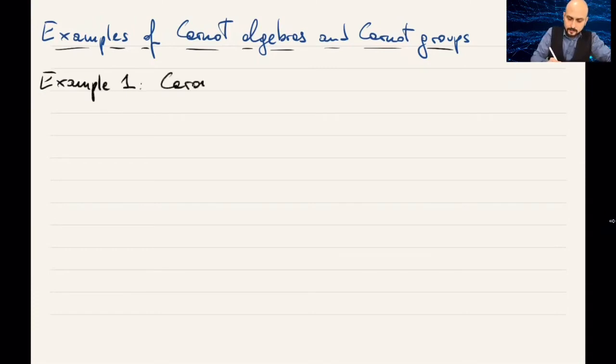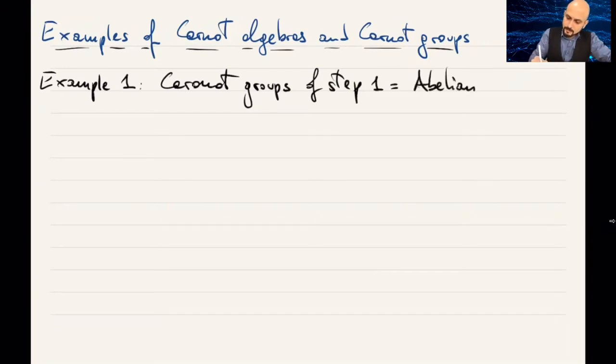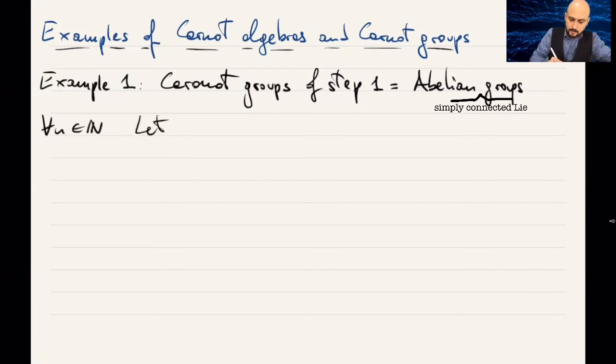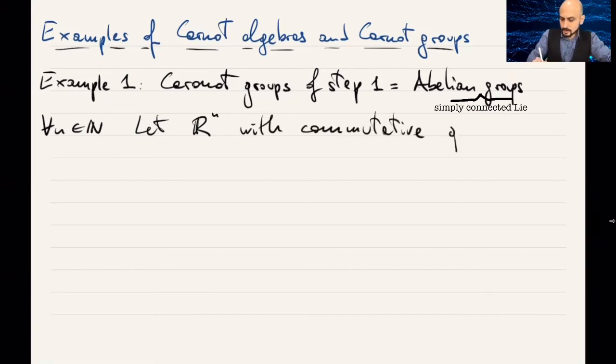These are Carnot groups of step 1. In other words, these are abelian groups. Okay, so just to revise, for each natural number n, we can consider Rn with a commutative operation, the sum.